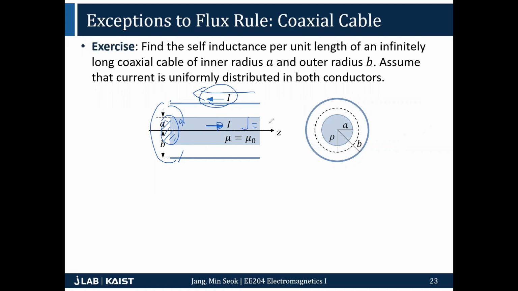So in this case, J is I divided by pi A squared, right? And in this case, what would be the self-inductance per unit length?